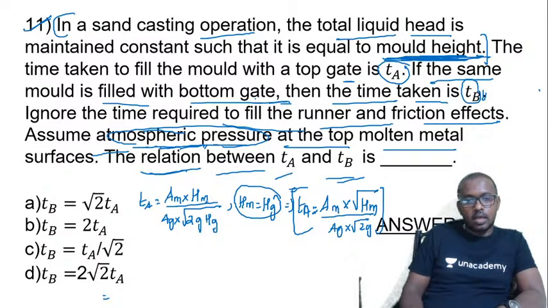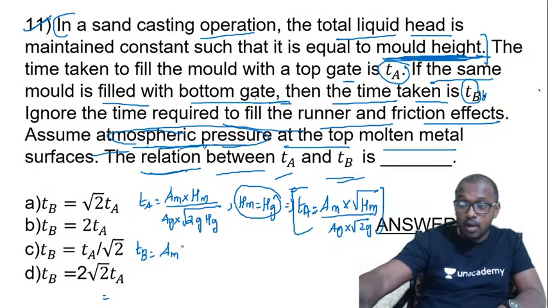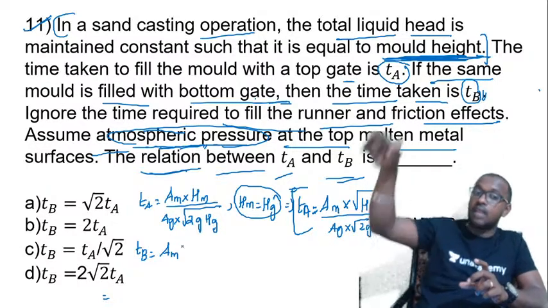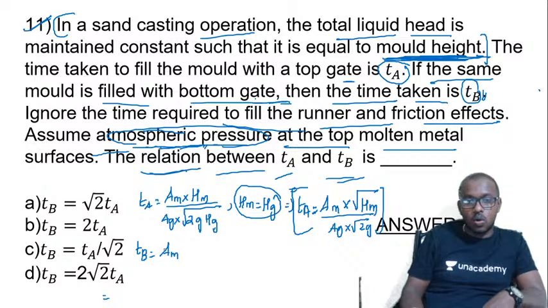So TA is done. Now T of B is equal to A of M. Here what we are talking about is that it is going to fill up the cavity. It comes down from the bottom gate, and when it is filled, it goes to the top. So it is twice.